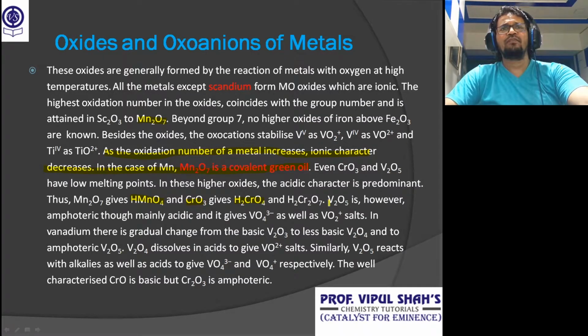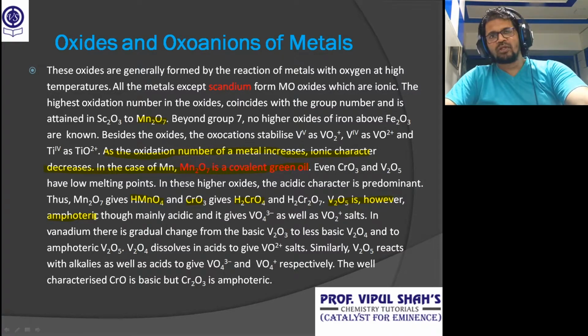Then V2O5, however, is amphoteric in nature. We all know what amphoteric character is: it shows both acidic and basic property. It doesn't react with water but reacts with both acids and bases to give salt and water. Though mainly acidic, it gives VO4 3- anion as well as VO2+ salts.